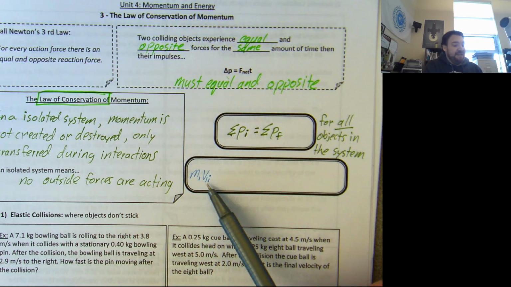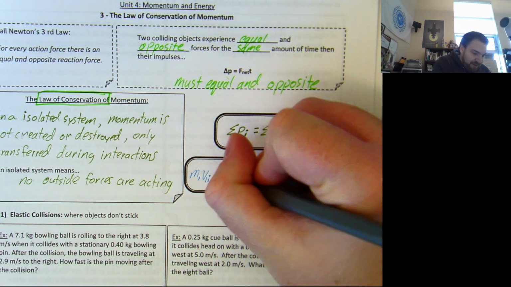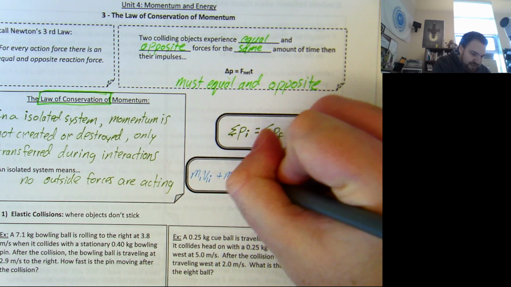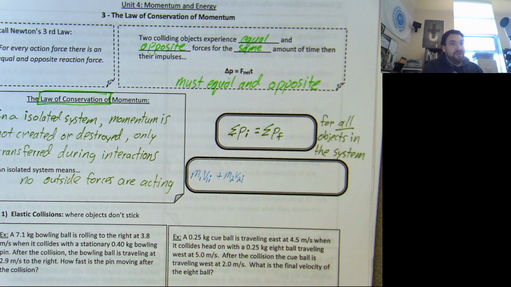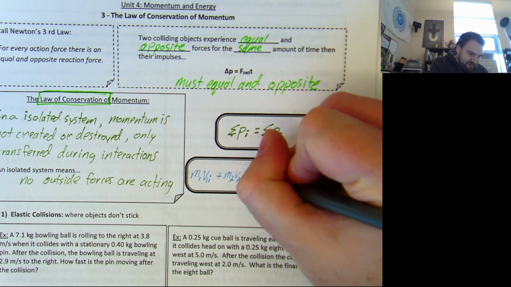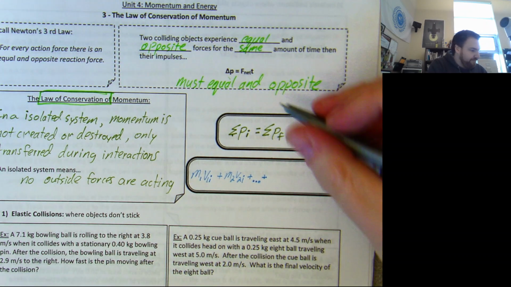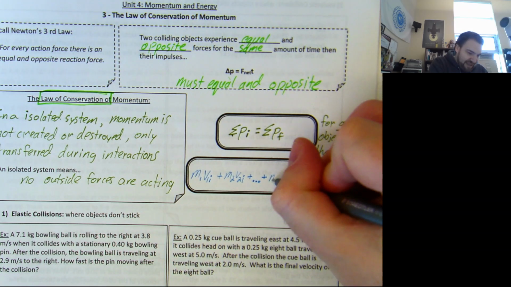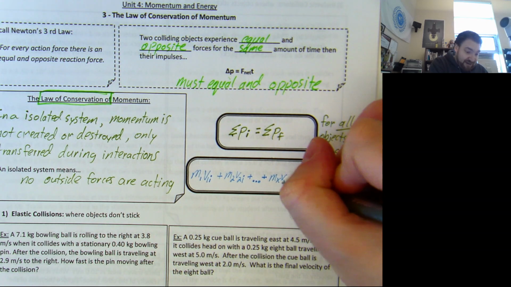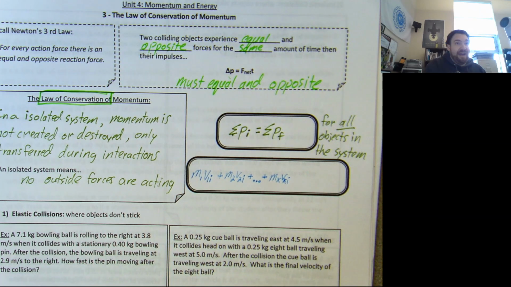So the initial velocity times the mass of your first object is the initial momentum of object 1, plus m2v2i, the initial momentum for your second object, plus ... plus mxvxi, where x is just the last object, your xth object.